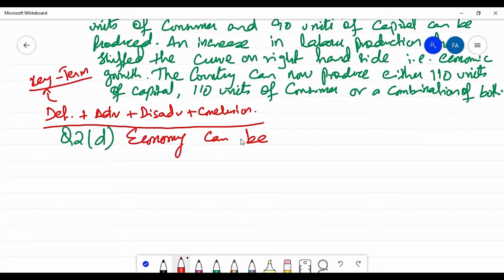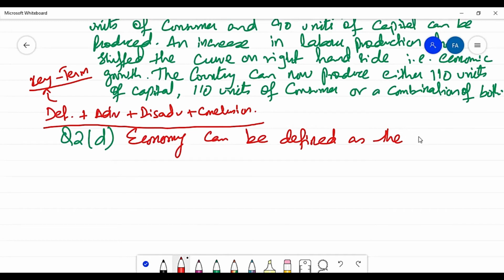Okay. Economy can be defined as... Can you suggest what economy can be called as? Economy is interrelated.